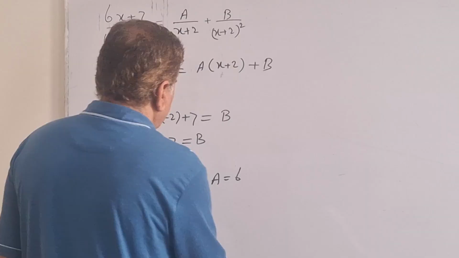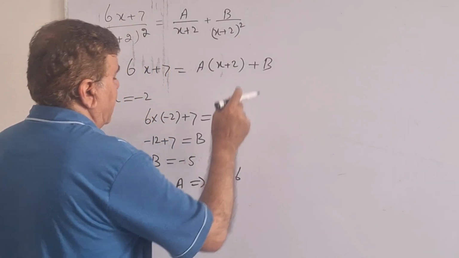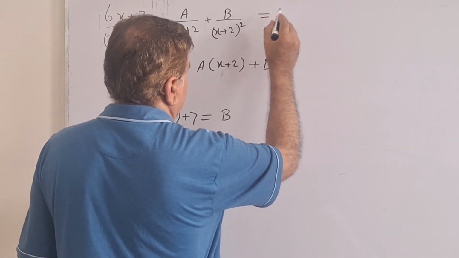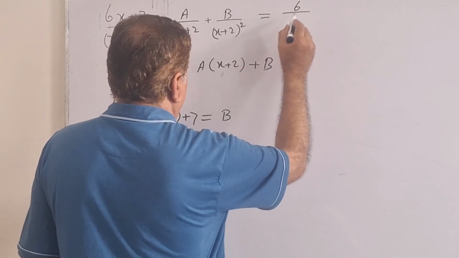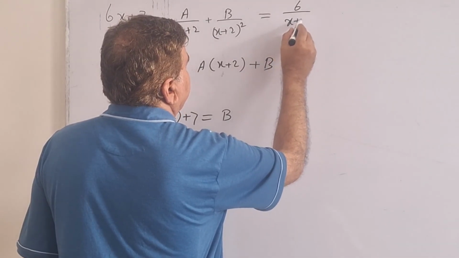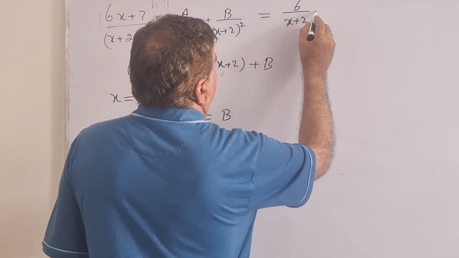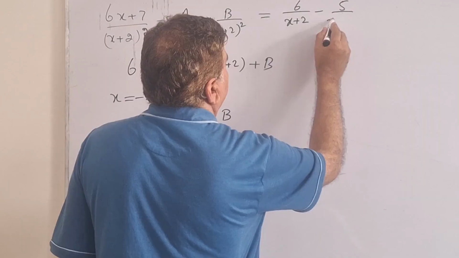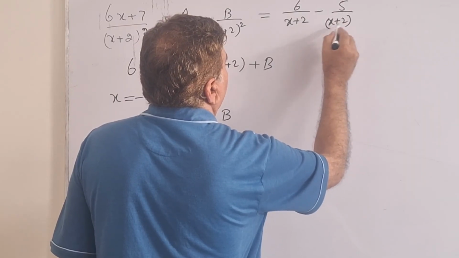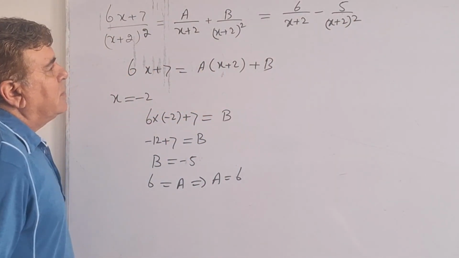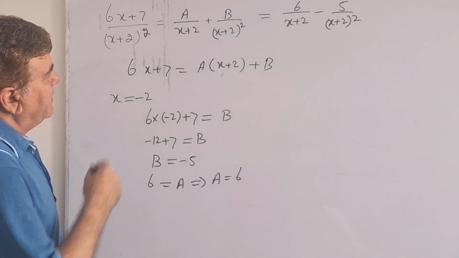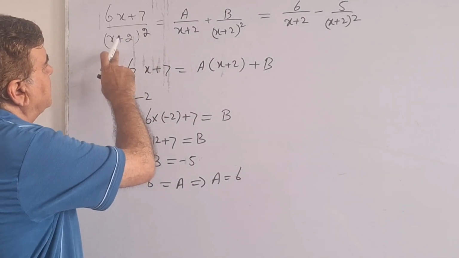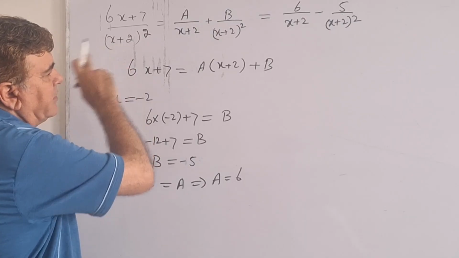If I put these values of the undetermined coefficients, I can write this as 6 divided by x plus 2 minus 5 divided by x plus 2 whole squared. So this is how we write it when there is a power in the denominator.